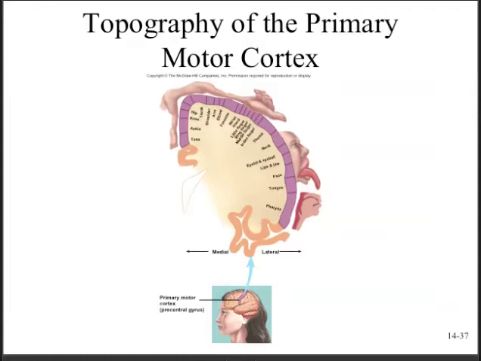The face and the hands and the tongue and the lips are overrepresented, while the trunk, the arms, the legs, and even the feet are underrepresented, and this reflects the degree of motor control we have over these regions. But it's pretty close to the sensory homunculus. Remember that it's separated from the postcentral gyrus by the central sulcus, and both of these ridges run right across the middle of the brain, just like a barrette.